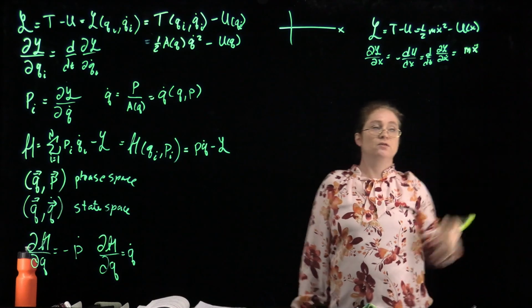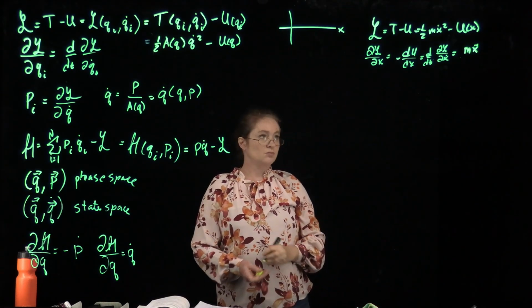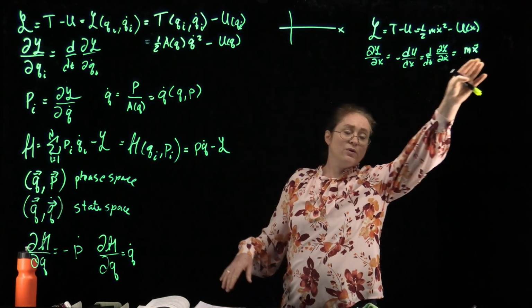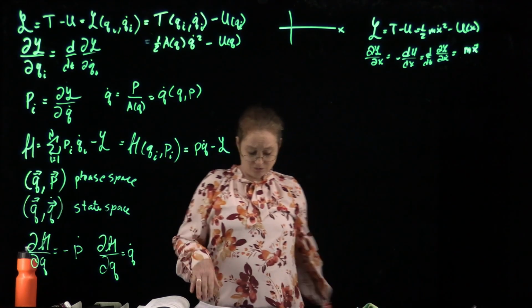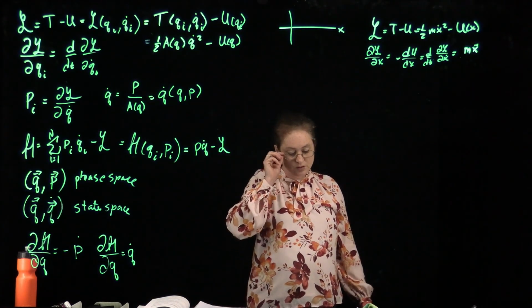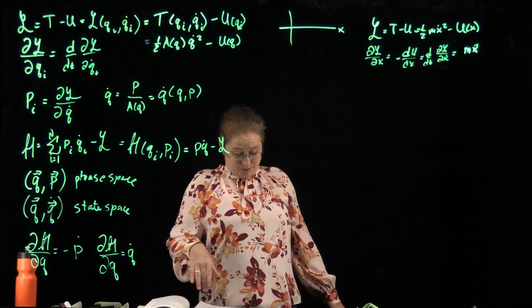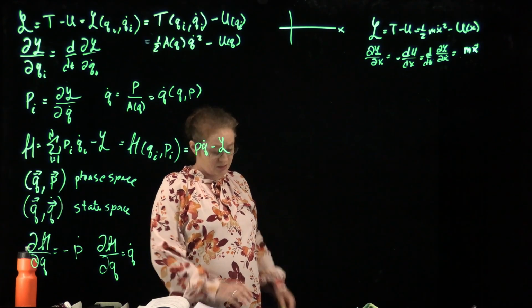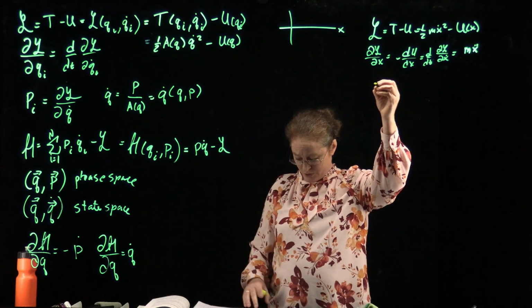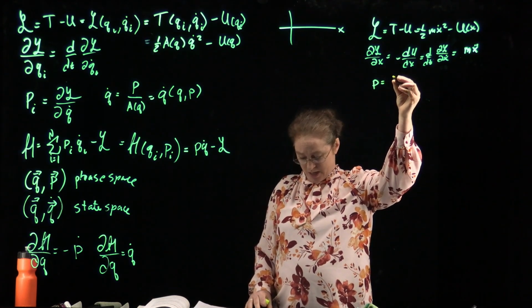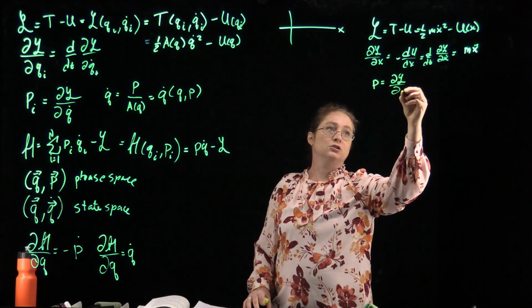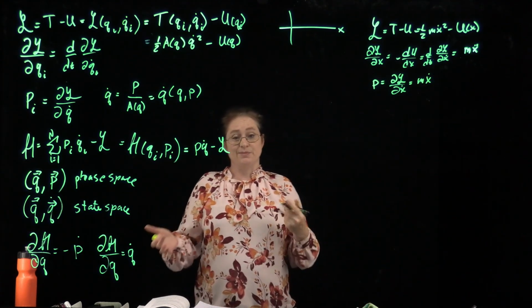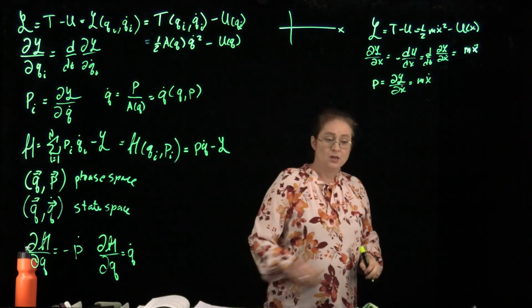Apply the second derivative, and we get m ẍ. So this tells us that the force is equal to the negative derivative of the potential with respect to x. And then we can define our generalized momentum as partial L partial ẋ. So that is m ẋ, which in this case happens to simply be the linear momentum.